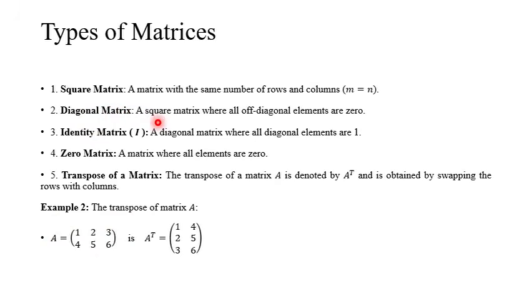Okay, diagonal matrix. A diagonal matrix is a square matrix where all off-diagonal elements are 0.